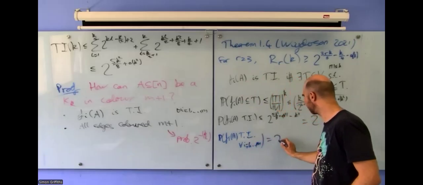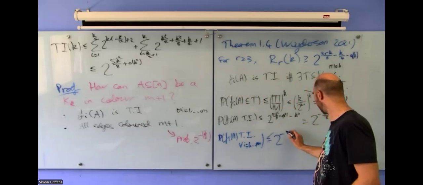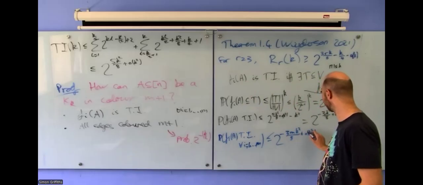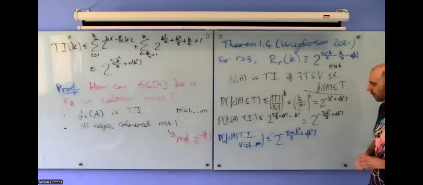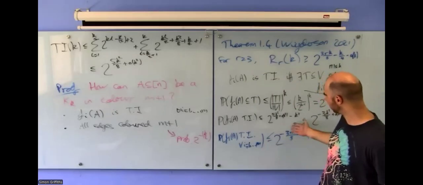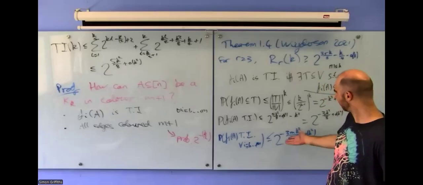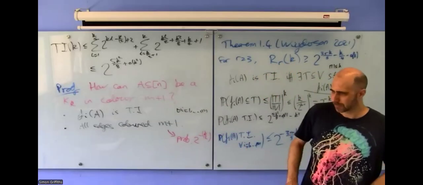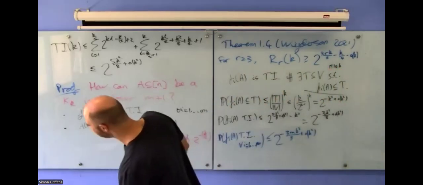Well, it's just this to the m, so 2 to the minus 3m K squared over 8 plus low K squared. So it's already looking quite unlikely. We don't know exactly what this means in terms of all our bounds, but it's already saying it's fairly unlikely this first thing happens. And now it's a single calculation and we will be done.